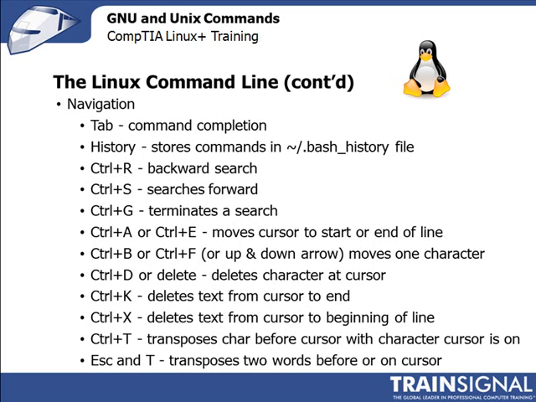Ctrl+K deletes all text from the cursor to the end of the line, and Ctrl+X and then backspace deletes all text from the cursor to the beginning of the line. Ctrl+T transposes the character before the cursor with the character that the cursor is on. And finally, Escape and then T transposes the two words immediately before or on the cursor.